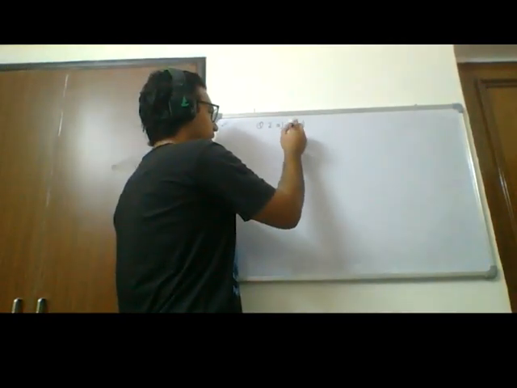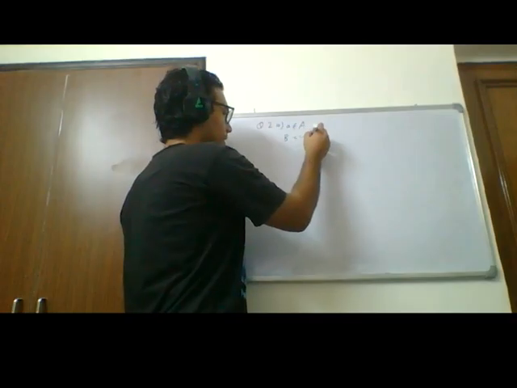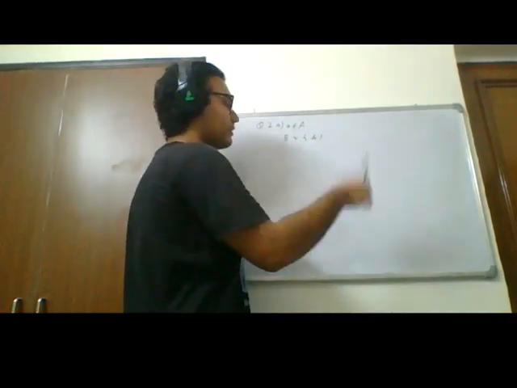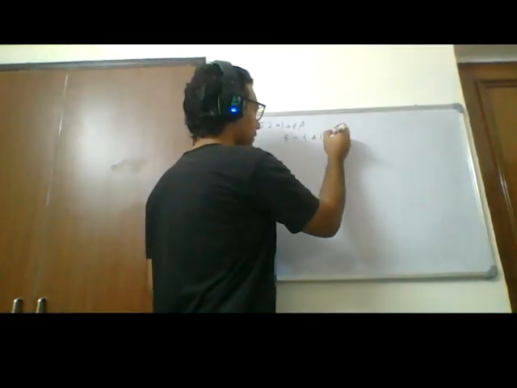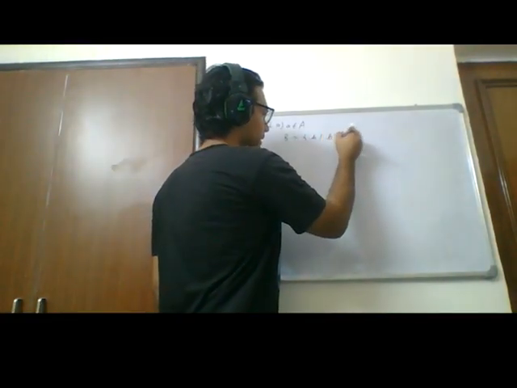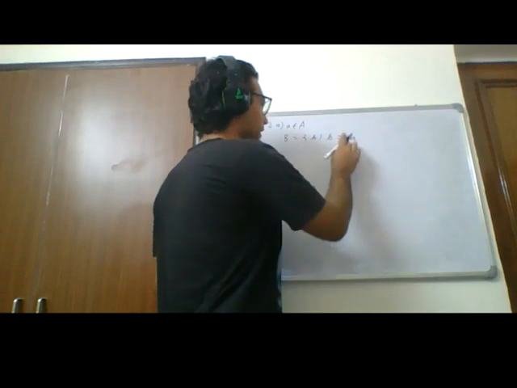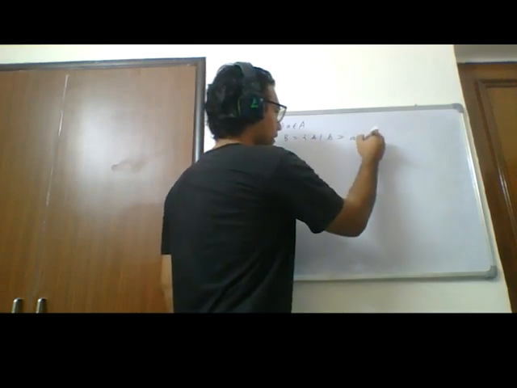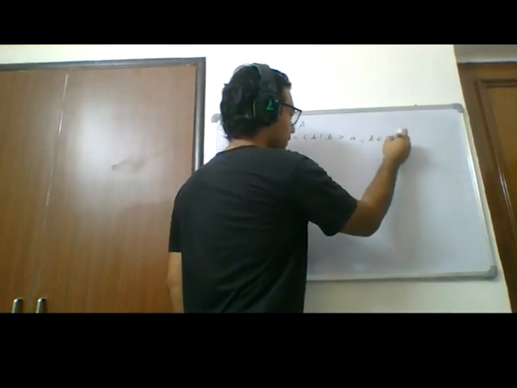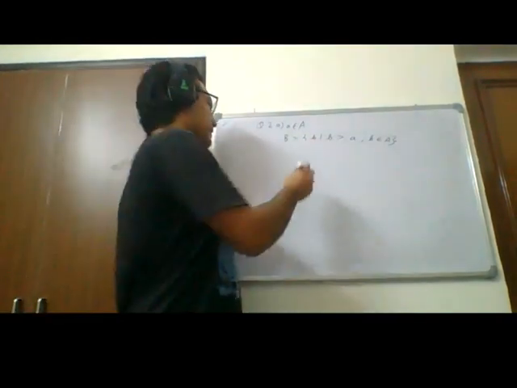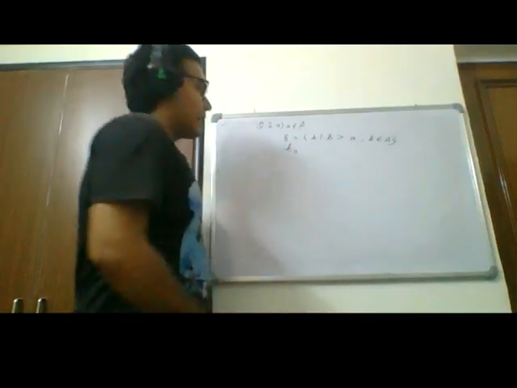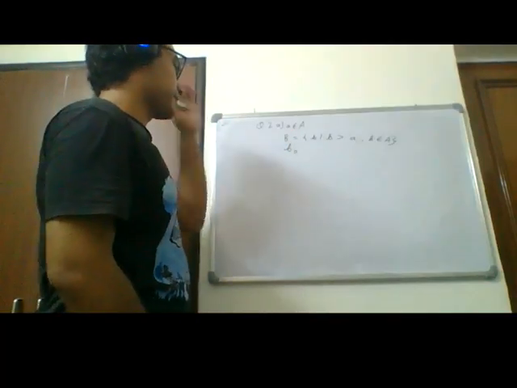We take the set B of all b greater than a, with b belonging to A. So it's a simply ordered set too, right? Now we take the least member of the set. Let's call it b naught, and I'll show why this is the immediate successor.